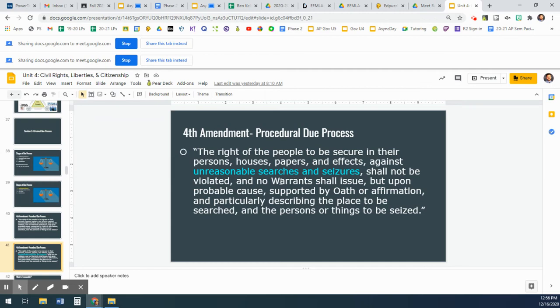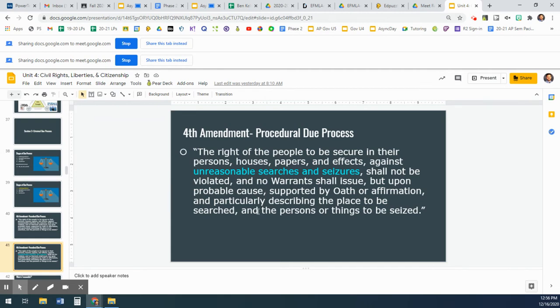Additionally, this also gives you the power of warrants. Warrants must be issued usually by a judge and need probable cause. Probable cause is a valid reason as to why you would need to be searching this person, like you see them running from a bank with a bag of money. That's probable cause to arrest and stop somebody.